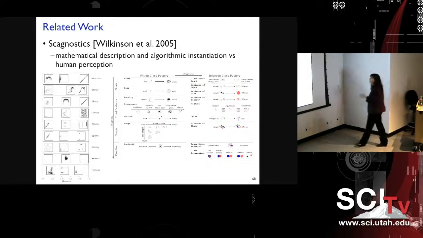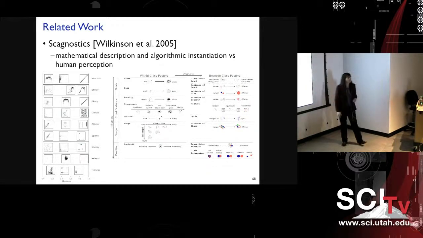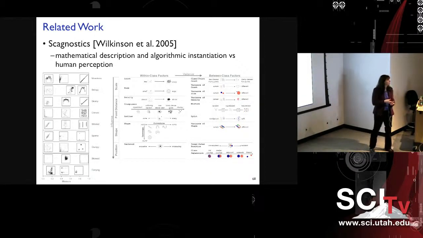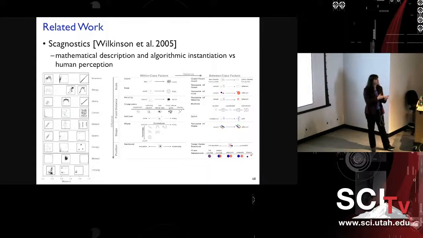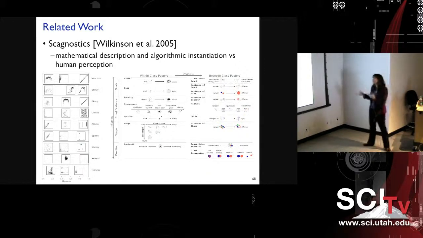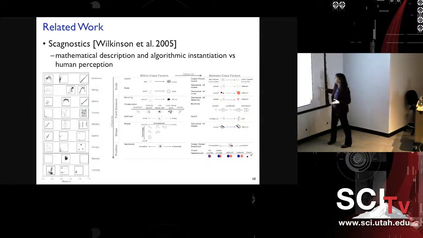For those of you who are familiar with the scagnostics work from Wilkinson et al., there are some interesting parallels here, where we're coming at the same question from very different directions. What Wilkinson was worried about with scagnostics was, do we have a nice, crisp way to mathematically describe and algorithmically instantiate some measures of scatterplot shape? And what we were interested in, building up just from what humans are noticing, was where do these two things actually intersect?